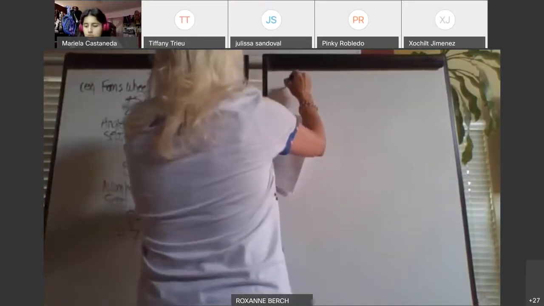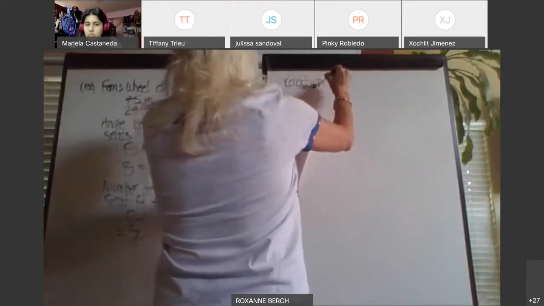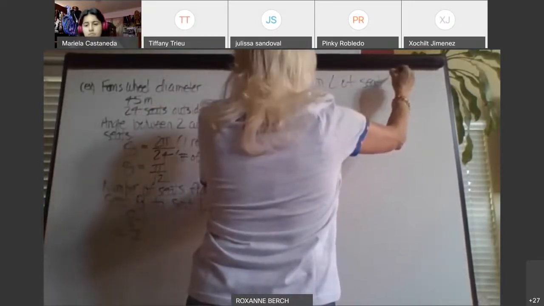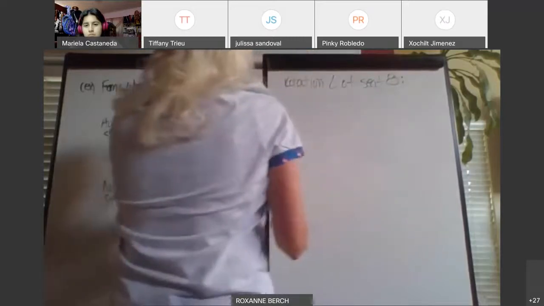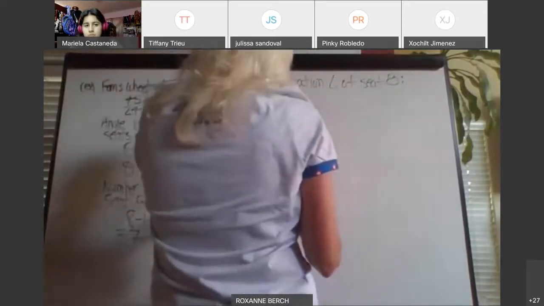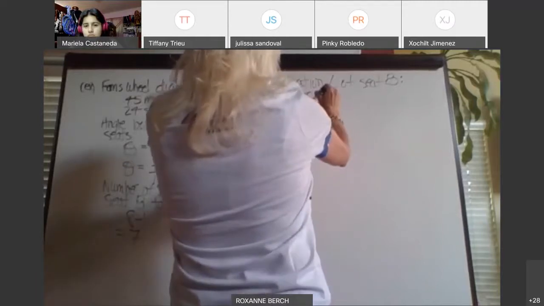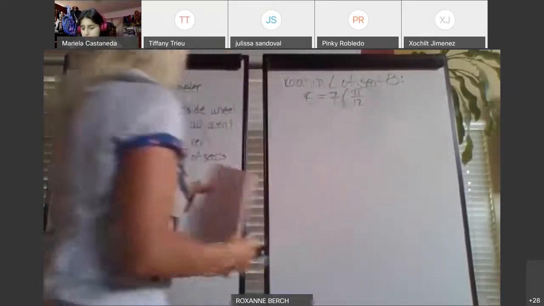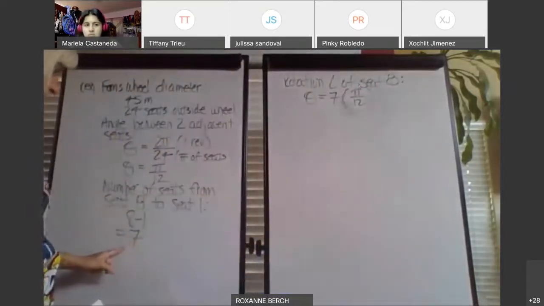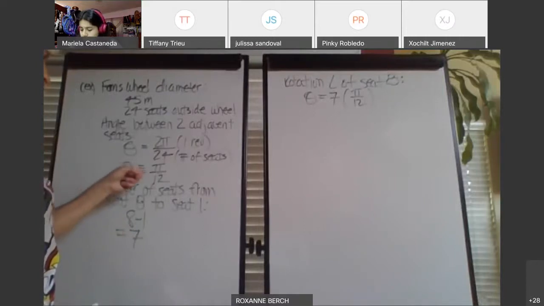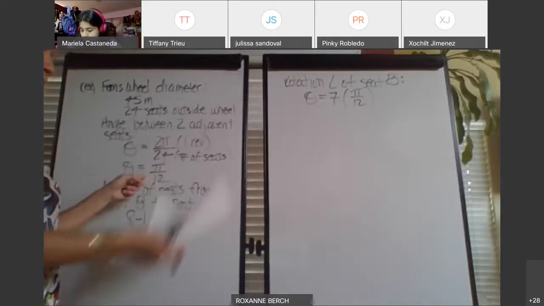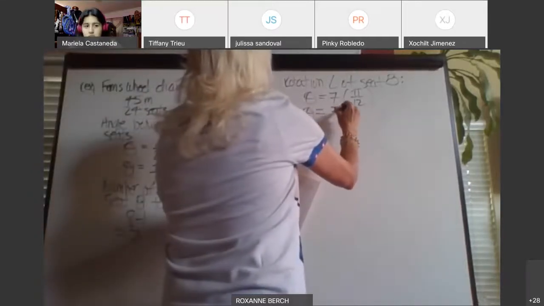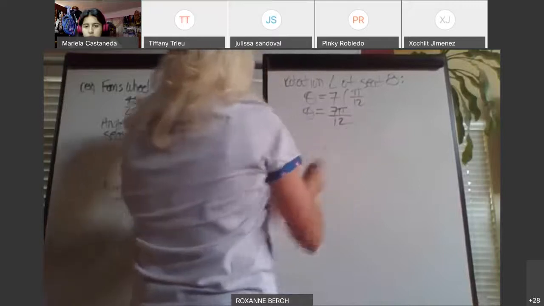So the rotation angle of seat 8 would be theta equals 7 times pi over 12. So we're using this 7 and this angle between two adjacent seats and multiplying. So this would be 7 pi over 12.